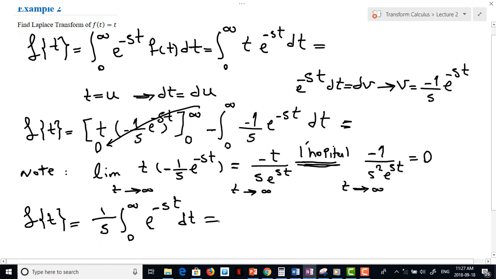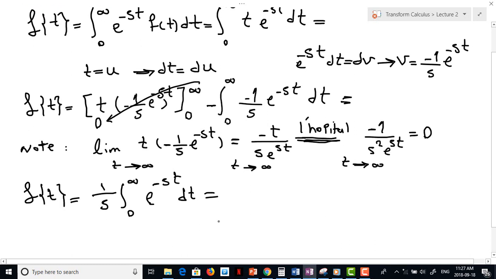So now we can easily find the integral from 0 to infinity of e to the power of minus st. Here we have 1 over s. The integral of e to the power of minus st is minus 1 over s e to the power of minus st. I can just take minus 1 over s out, so it's minus 1 over s squared.